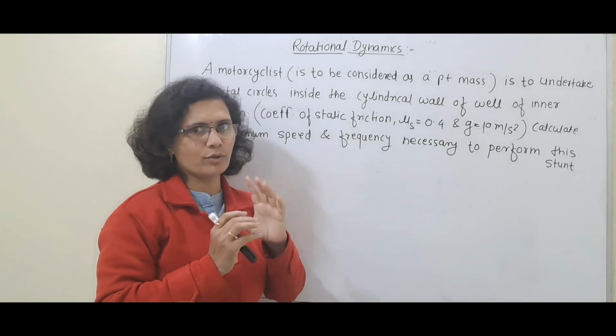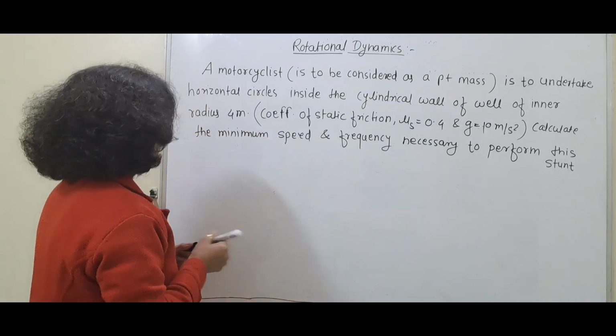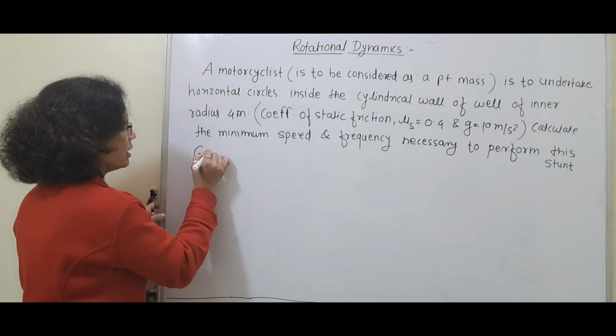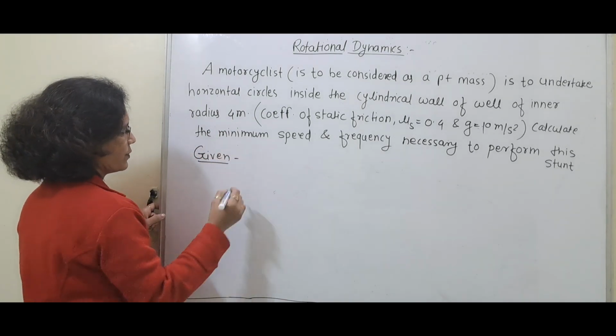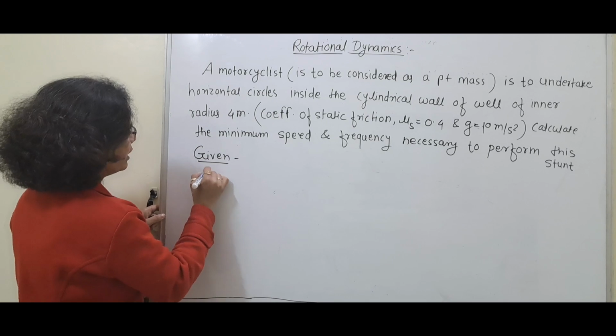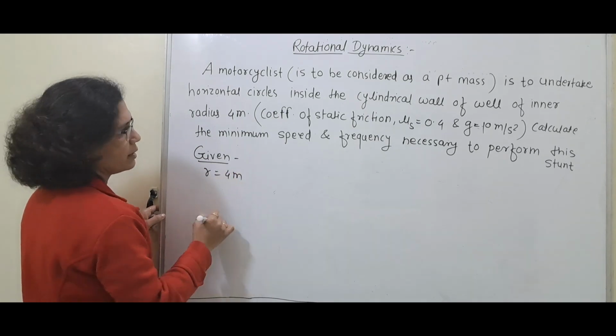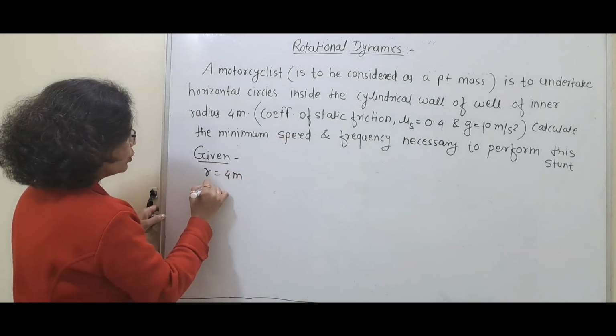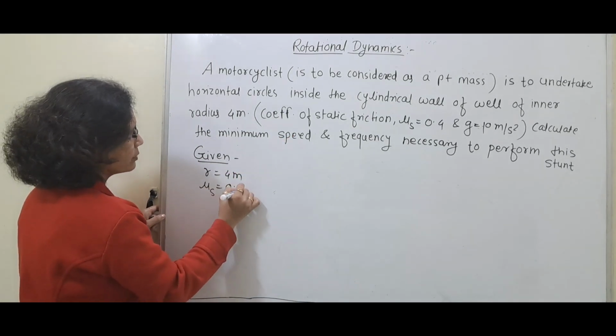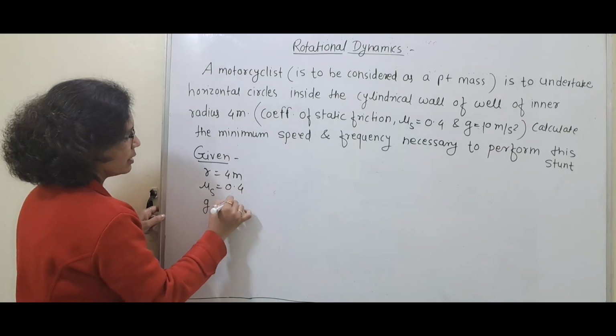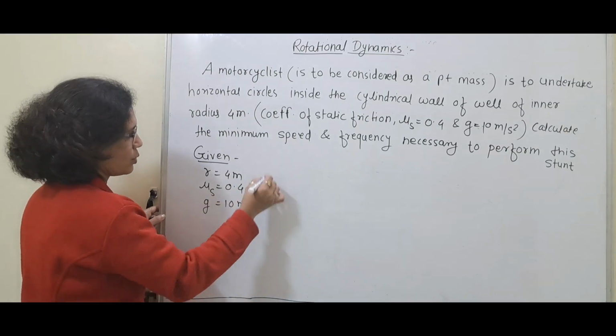You have to remember this. So what are the given quantities here? Radius is given, that is 4 meter, mu s is 0.4, g is 10 meter per second square.